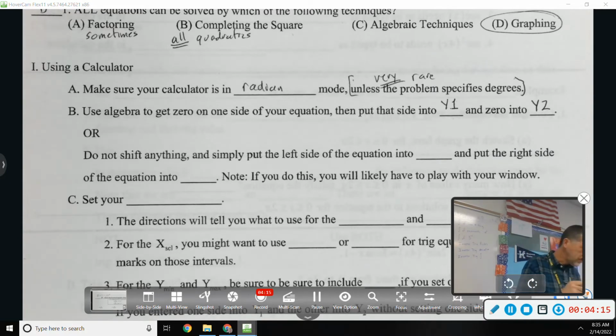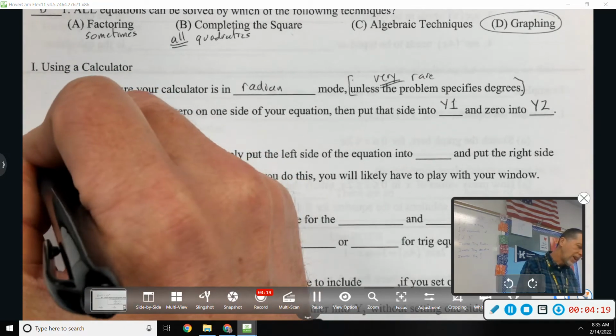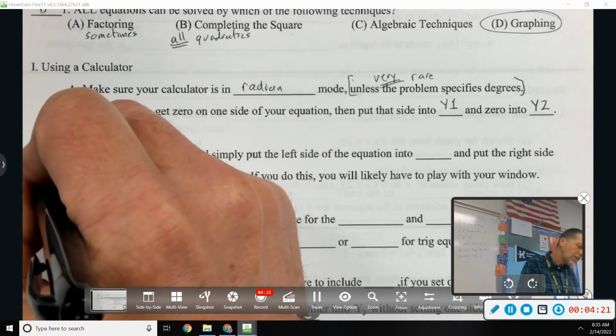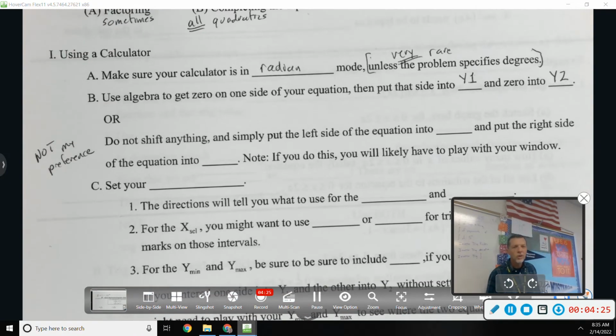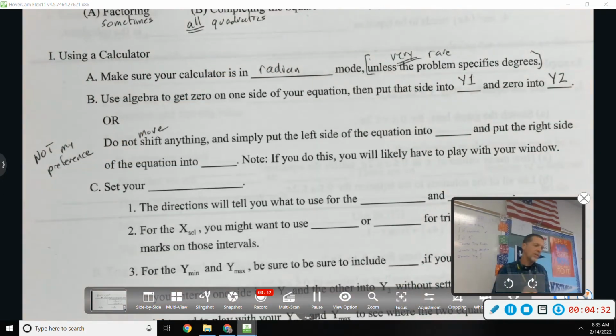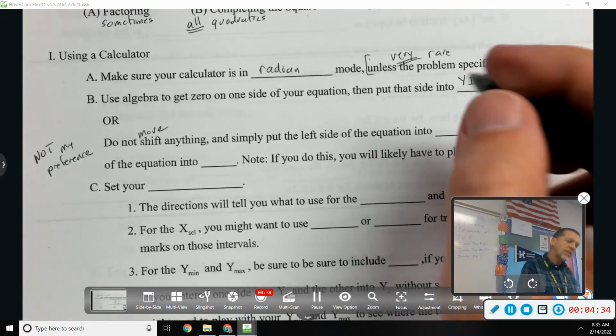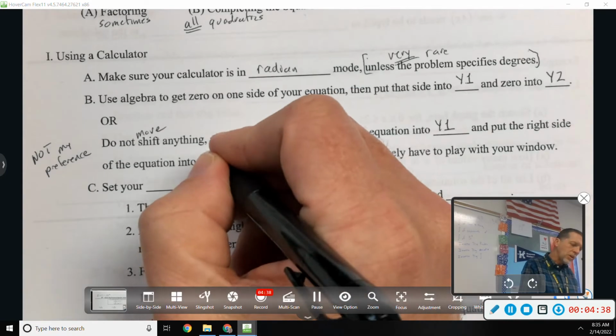Or, and I'm just going to go ahead and say this is not my preference, but it's a possibility, so you can do it this way if you want. Or, do not shift anything, meaning don't move anything around. Leave the equation as is, and simply put the left side of the equation into y1, and put the right side of the equation into y2.